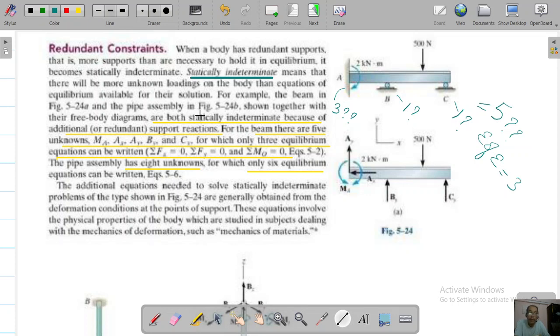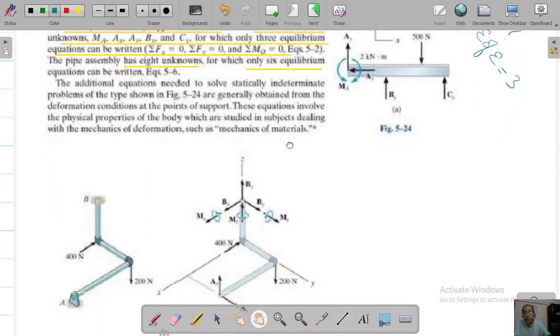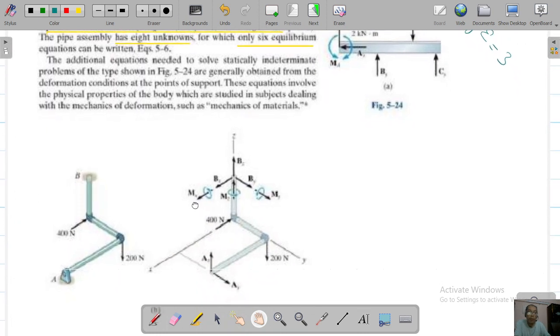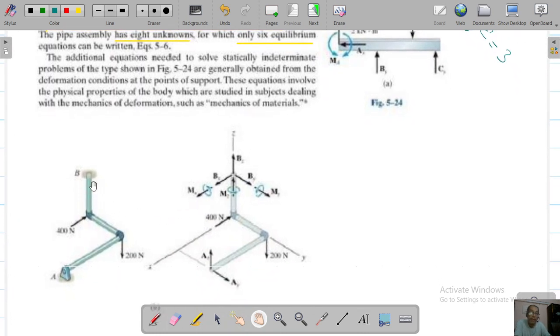In the same way, if you come over here to a three-dimensional scenario, this pipe is fixed supported over here.